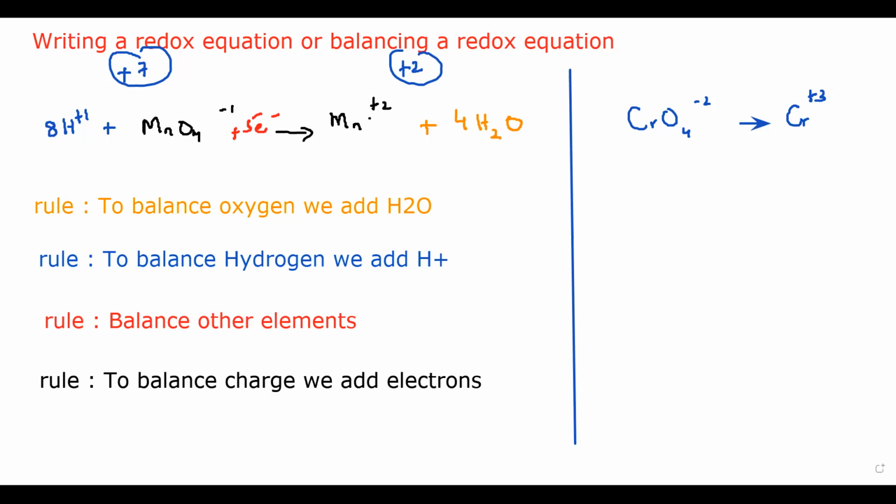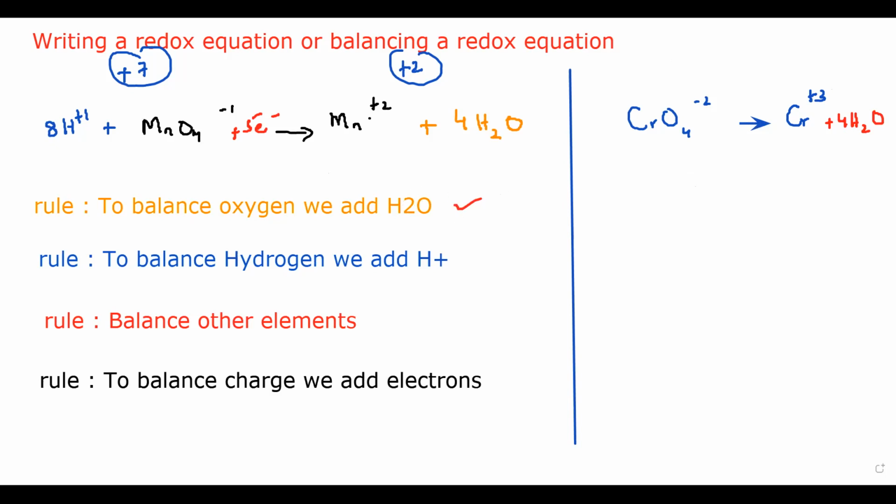Now we'll follow the rules. What is rule number 1? To balance oxygen, we add water. How many water molecules should be added? 4 water molecules, and on which side? On the other side we add 4 water molecules, so it will be 4H2O. So oxygen is balanced.